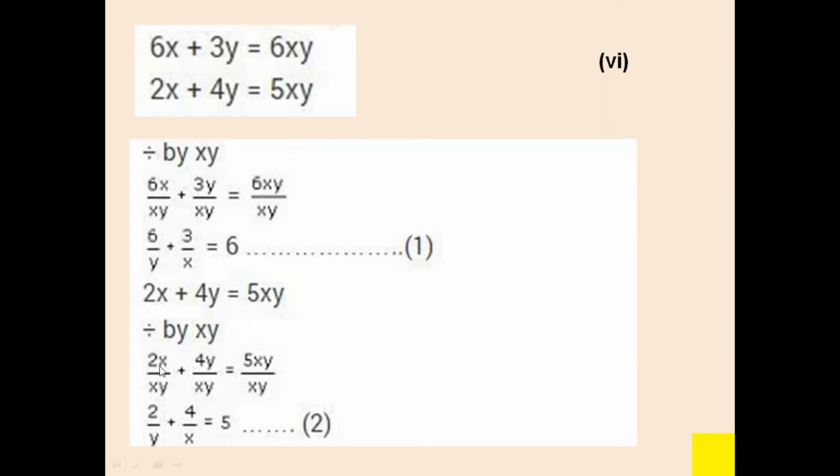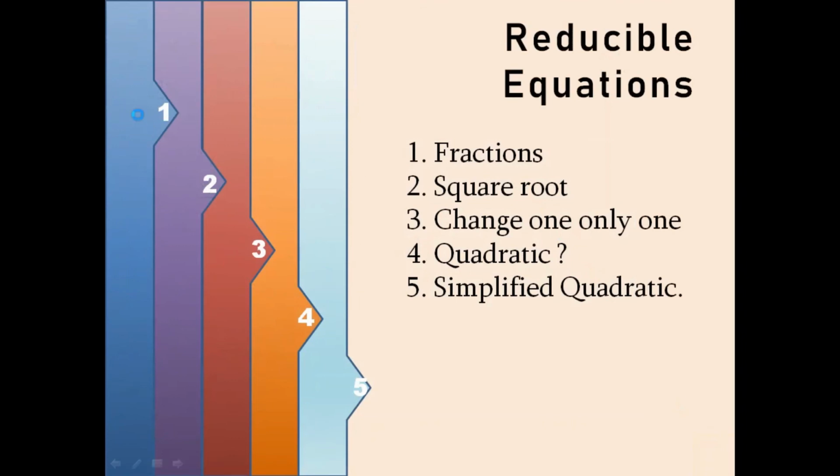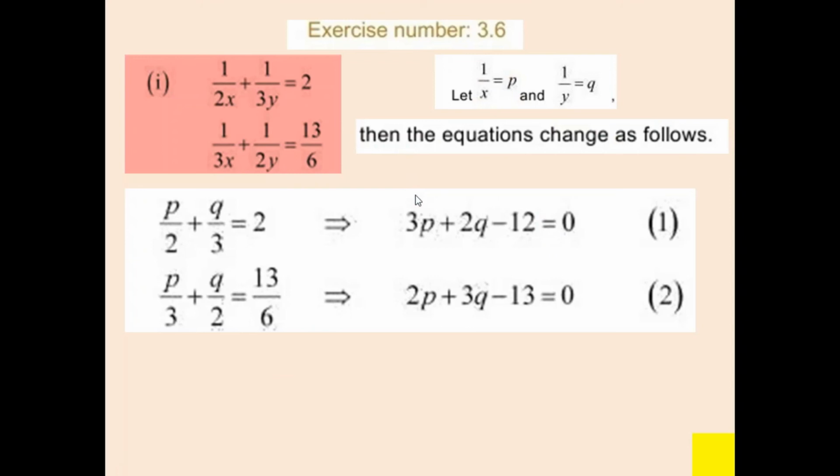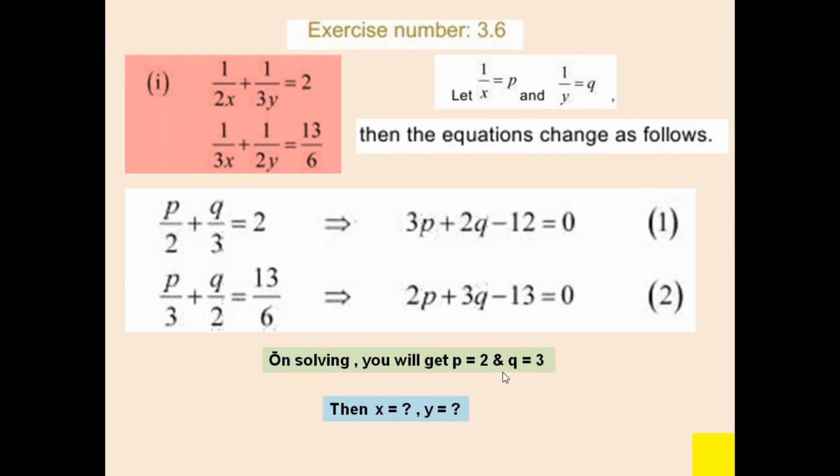We get the reduced forms and then we solve them the way we solved this question. That means we make an assumption of 1 by x as p, 1 by y as q. We'll get two equations in the form of 1 and 2. We solve them, and after solving them, we take the reciprocal of p and the reciprocal of q, which become the values for x and y.